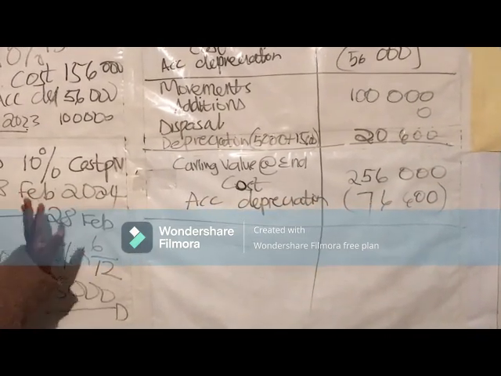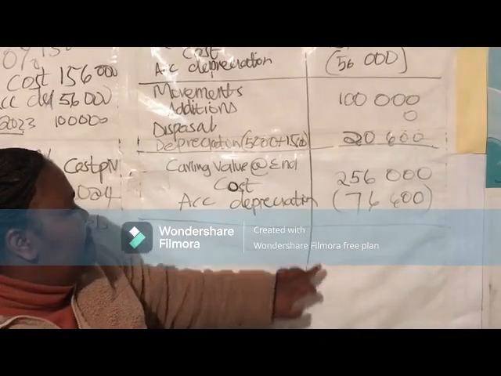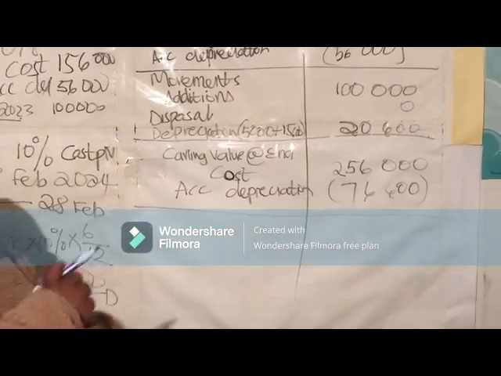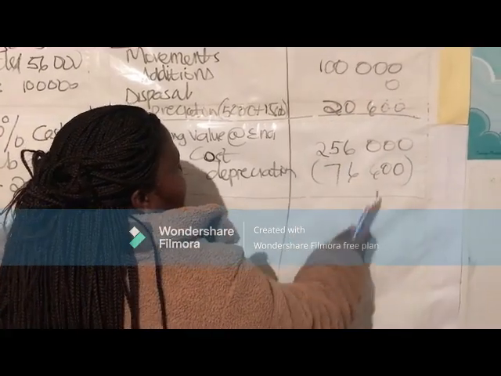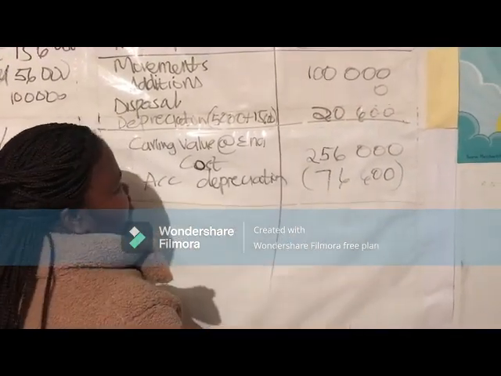Now, what will be the carrying value? Remember, every time you're looking for a carrying value, you say cost minus accumulated depreciation. So you're going to say 256 minus 76,000.